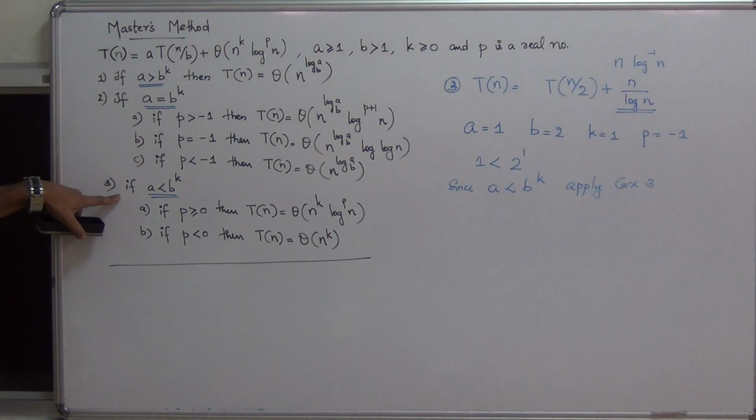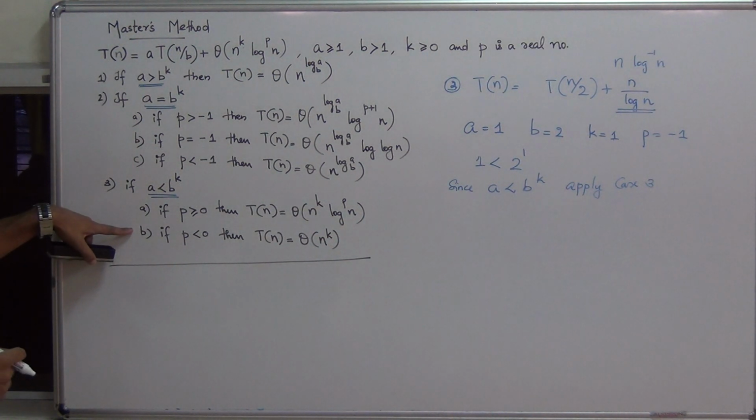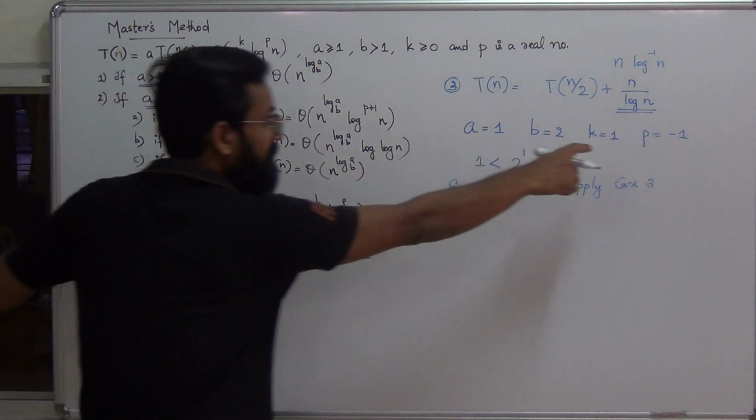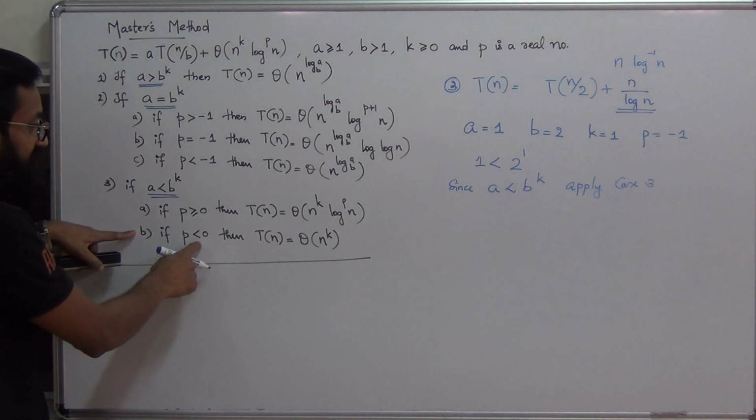In case 3 you have two subcases, and the selection of subcase is dependent on the value of p. It is clear that p is equal to -1, which is less than 0.